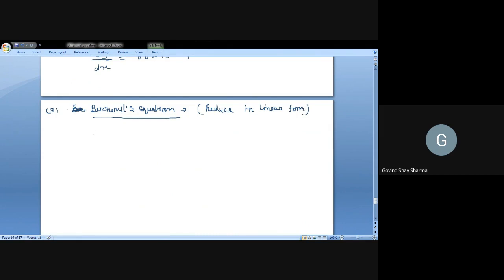The difference between the linear form of the differential equation and the Bernoulli equation is that a linear form equation we write like this: dy/dx + Py = Q. And the Bernoulli equation we can write dy/dx + Py = Qyⁿ.